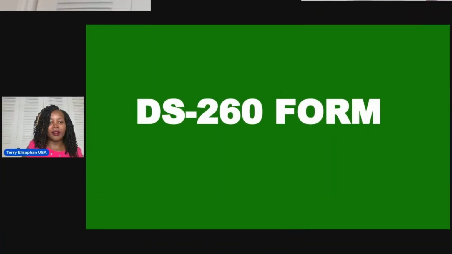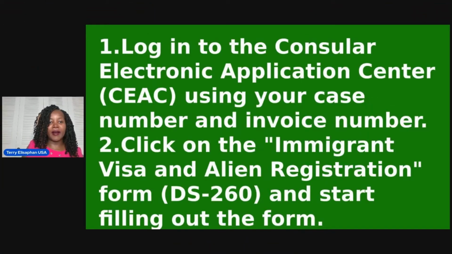Okay, so guys, once you log into the diversity program website, which I'm going to be providing in the description box, after you check on the result and you have confirmed that you have won, the user will give the link where you can follow to the Consular Electronic Application Center, that is CEAC, using your case number and the invoice number that they're going to provide.